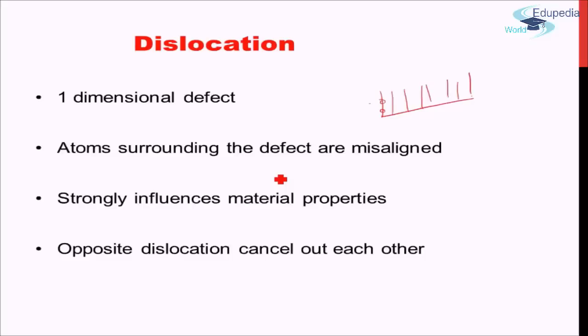As we'll see in future lectures, dislocation can be said to be the single characteristic which will define most of the properties of a material, other than the material itself, that is the atoms, the type of element making up the material. For a given material, the dislocation density, how the dislocations are arranged, will have a very influential effect on the material property. That is why we need to understand the basic idea about dislocation.